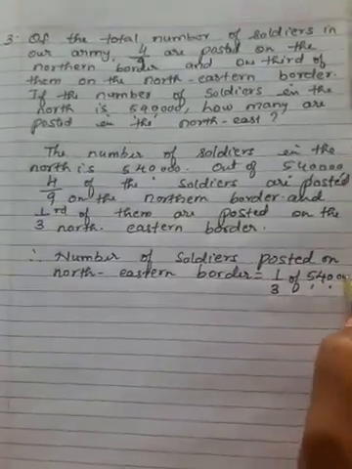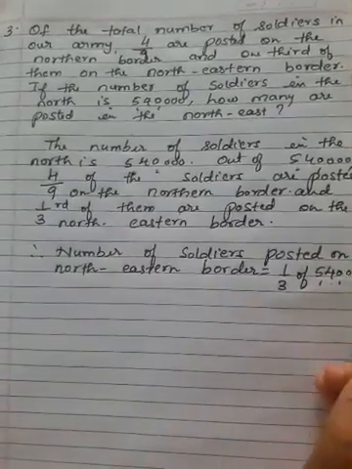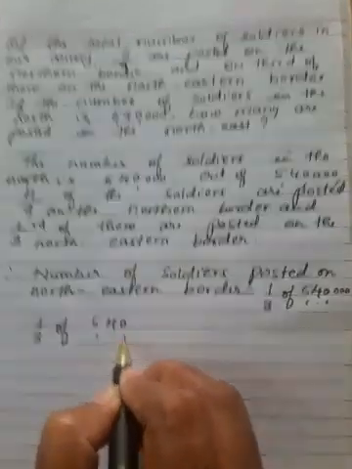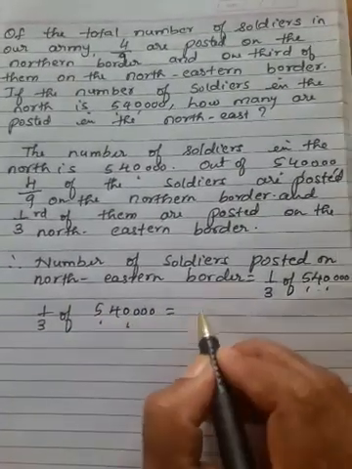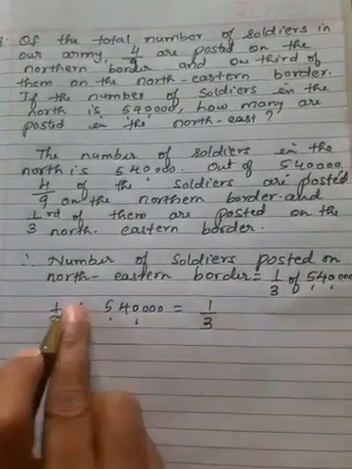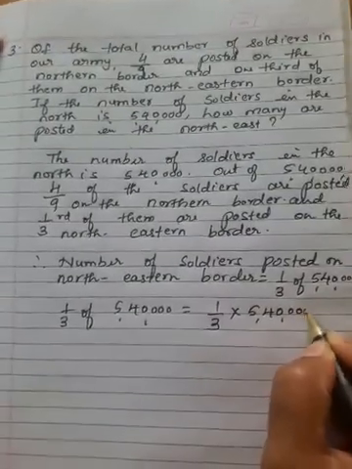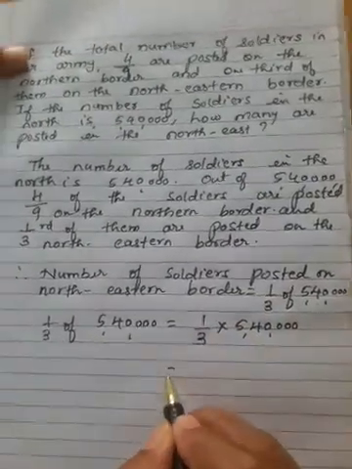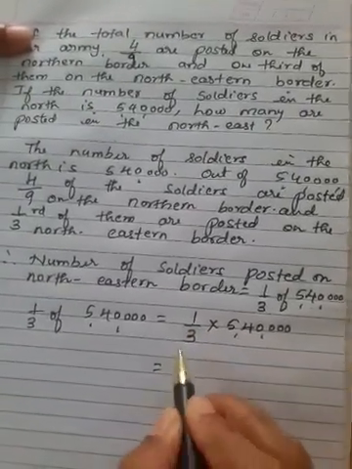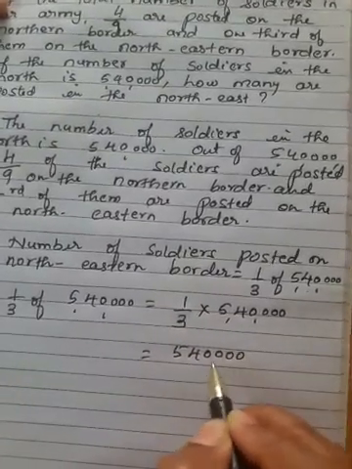You have to find out the value of 1/3 of 5,40,000. So simplify this. Here, instead of "of", write the multiplication sign. 1/3 multiplied by 5,40,000. Numerator is 1, so multiply numerator by numerator. 1 into 5,40,000 is 5,40,000 only, correct?